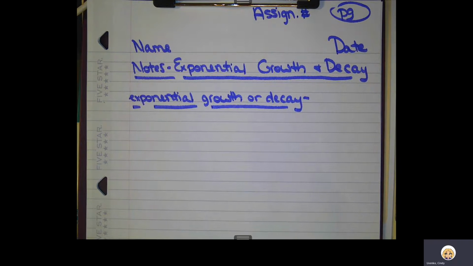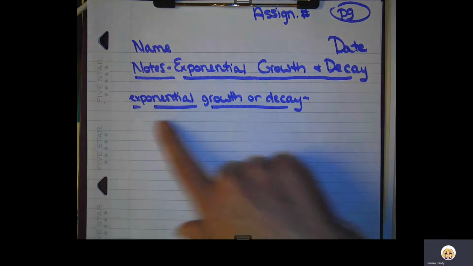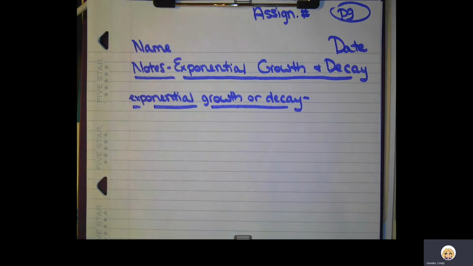We're going to start off with a definition of exponential growth and decay, and then I'm going to give you a formula that we're going to use for some examples. So the definition for exponential growth or decay, growing means it's going up, and decay means it's shrinking.